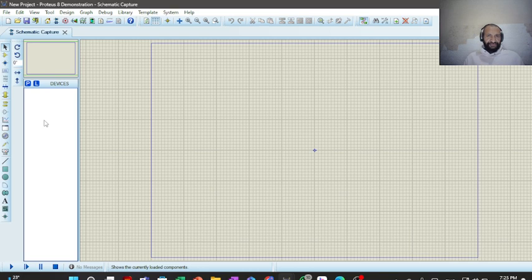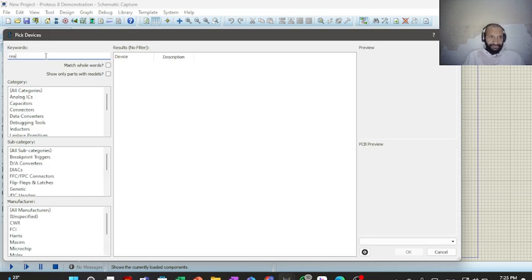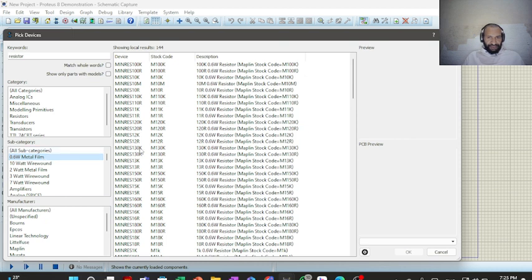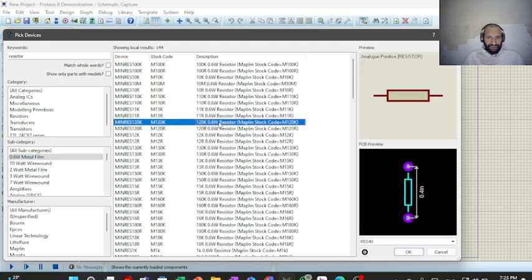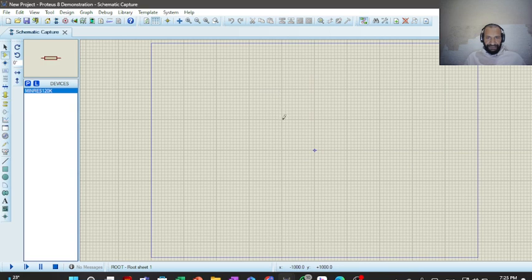So with that information, let me get the resistors first. Resistor, get this 6, and then this 120 ohm resistor. We place it around here.